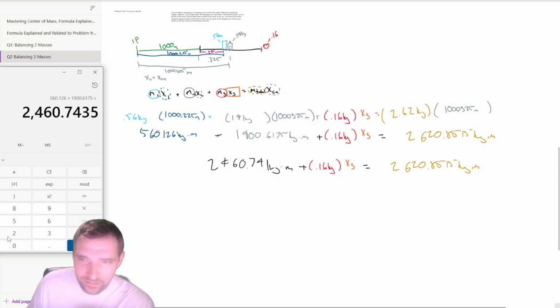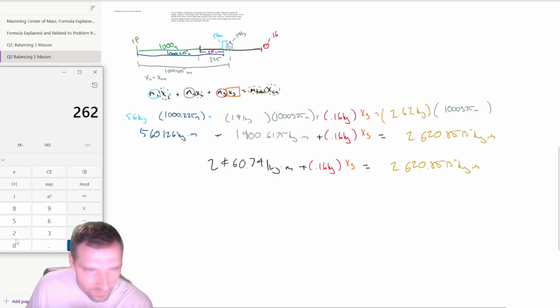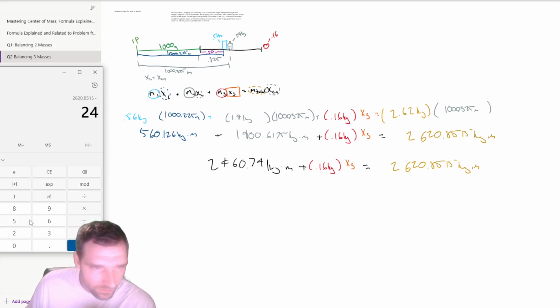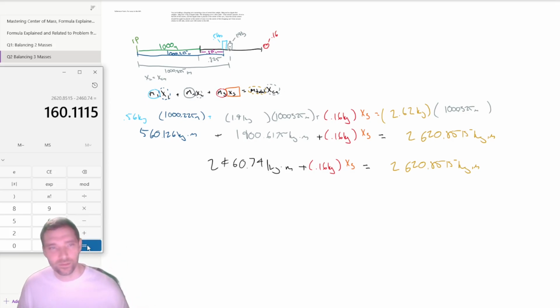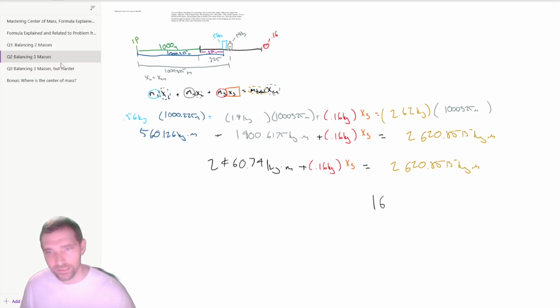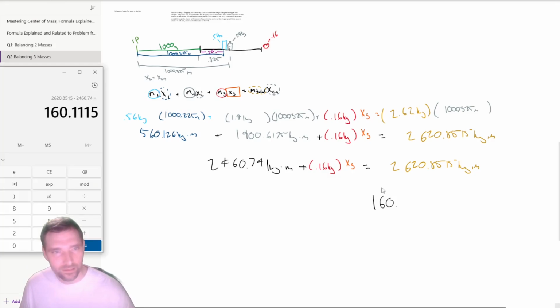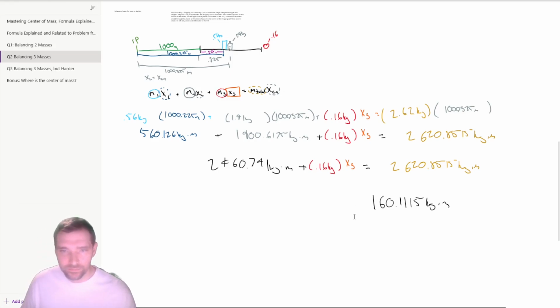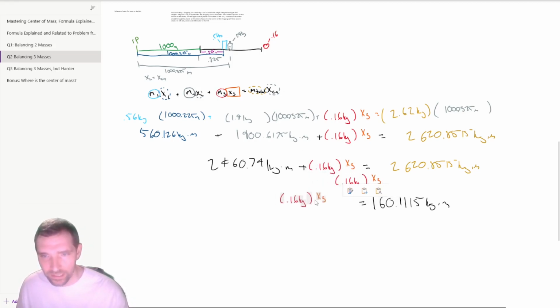So we've got the 2,620.8515 minus the 2,460.74. So I'm getting 160.115 kilogram meters, which is equal to this. We should be able to then solve for x3.